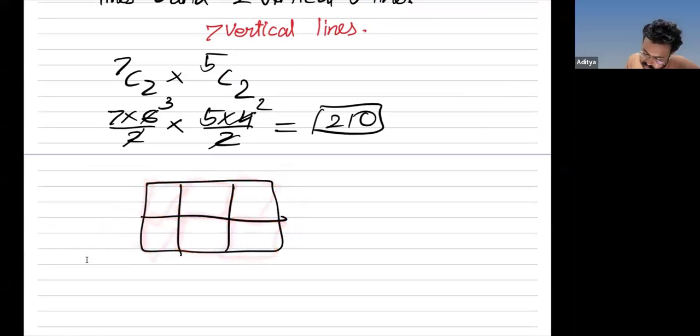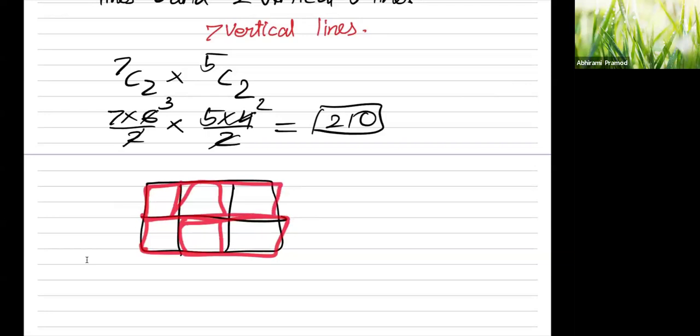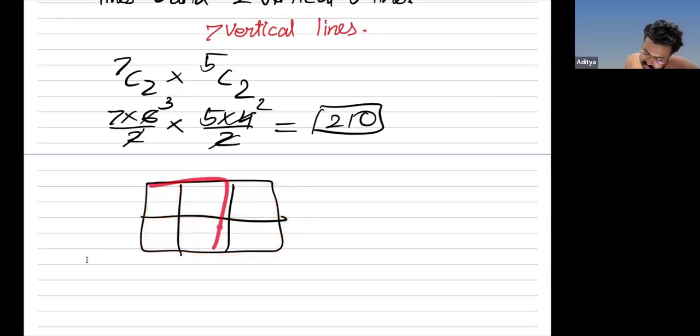Then you can make 7, 8, 9, 10, and then 11, 12, and total 13. I think I'm missing 14 and 15.